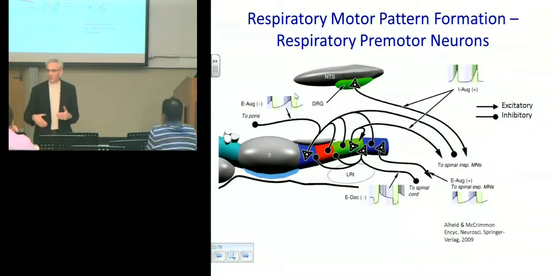But now you start throwing in functional roles and what transmitter they contain, et cetera, and there is no estimate on that. People just don't even try on how many groups there are in that region. One of the primary ways it was defined initially was that it lacked bulbospinal premotor neurons. That's a slight overstatement, but it's largely true.